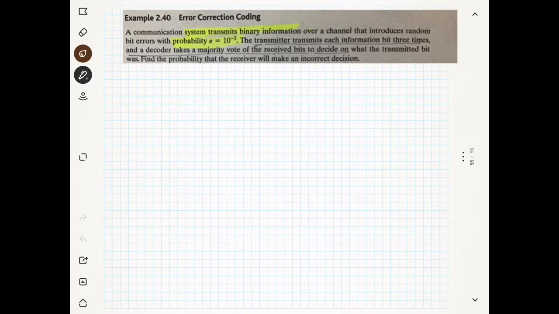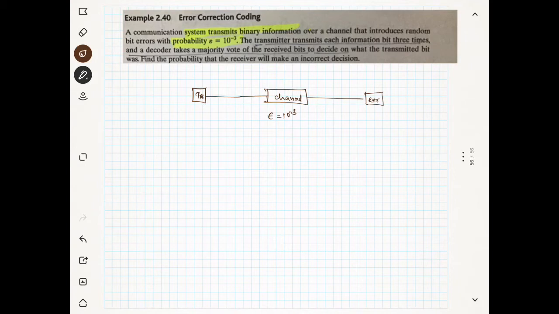This problem is related to error correction coding. That means you have a communication transmitter and there is a channel, maybe a wired channel or a wireless channel, and you have a receiver. The channel can introduce an error; the probability of error of the channel is 10 power minus 3.